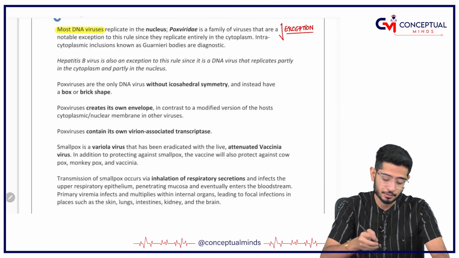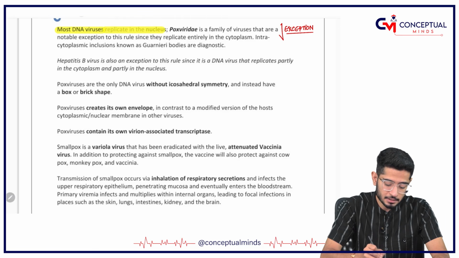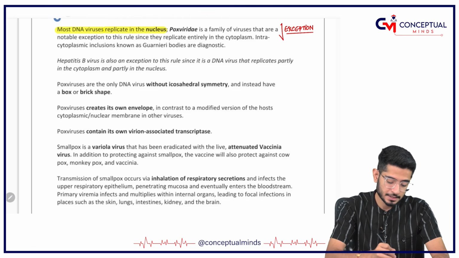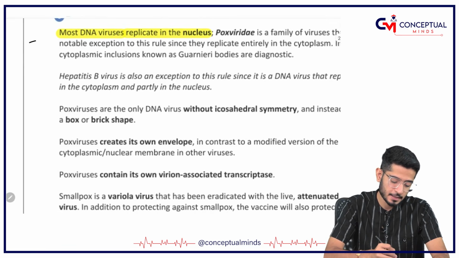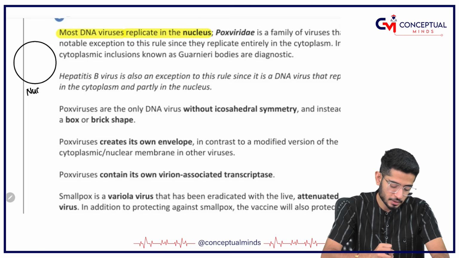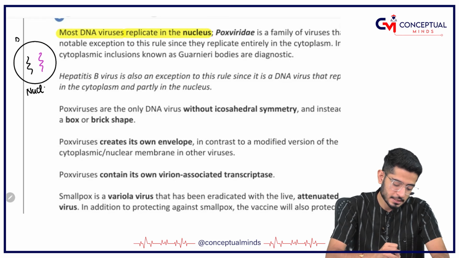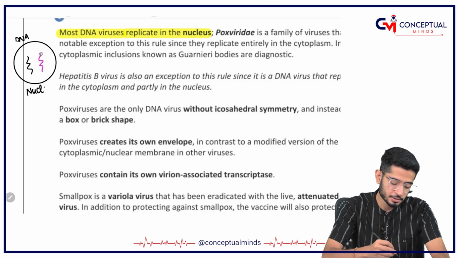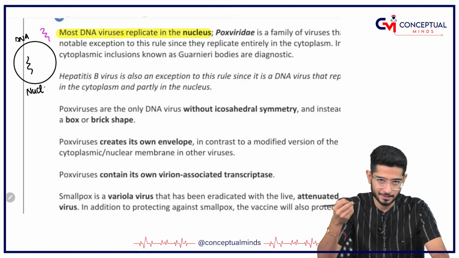Coming to a very important concept: most DNA viruses have a habit of replicating in the nucleus. As I always tell, the nucleus has the genetic material, one will be the DNA, one will be the RNA. D for DNA: DNA says I am dominant, so I will replicate inside the nucleus. RNA, please go to the cytoplasm and replicate there.